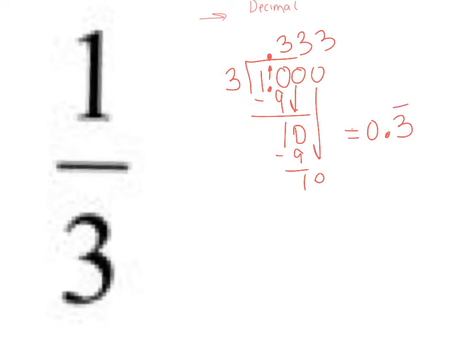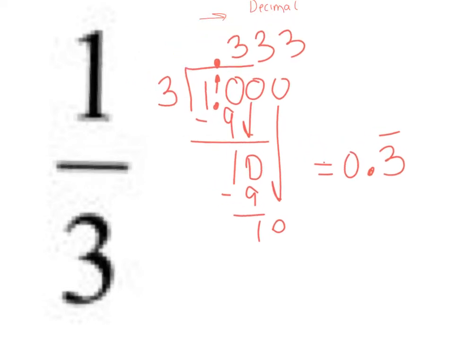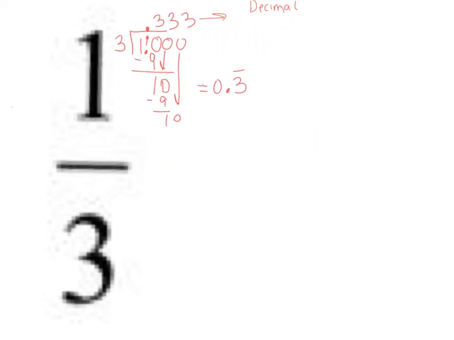And I can show you over and over again that every single fraction that has a denominator of 3 or 9 is actually a repeating decimal.